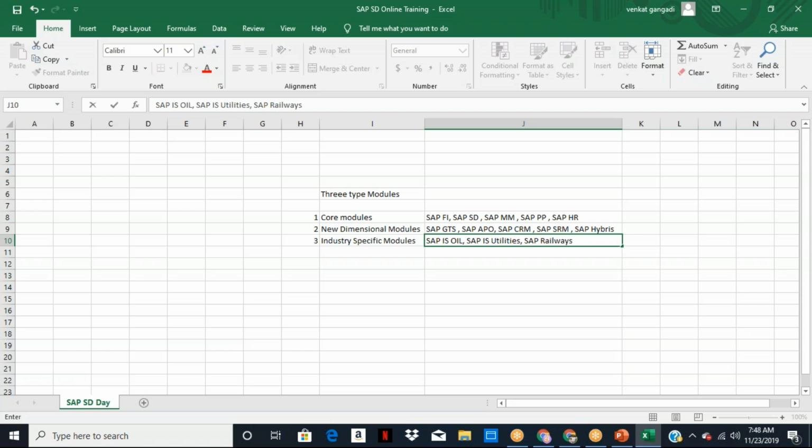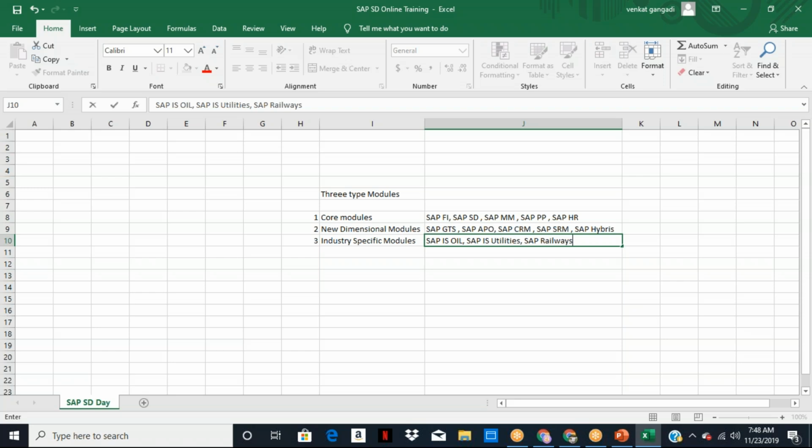Out of this, we are going to talk about our core part of training, that is SAP SD, SAP Sales and Distribution. So what is this SAP SD? The SAP SD module full form is SAP Sales and Distribution. What is it meant for?